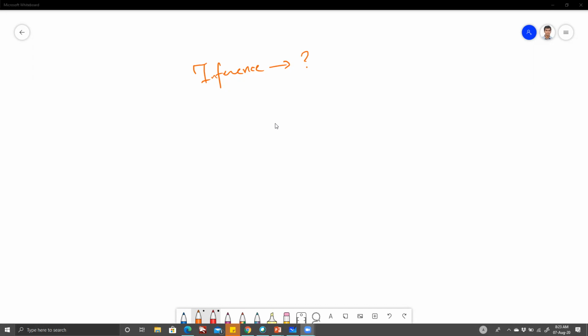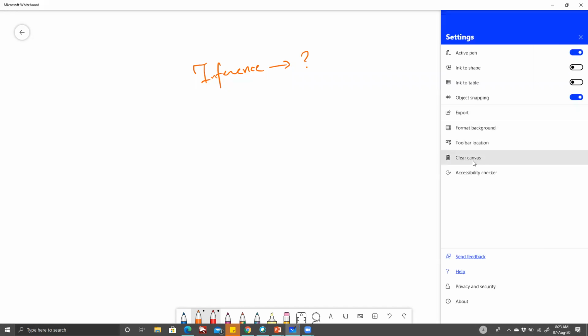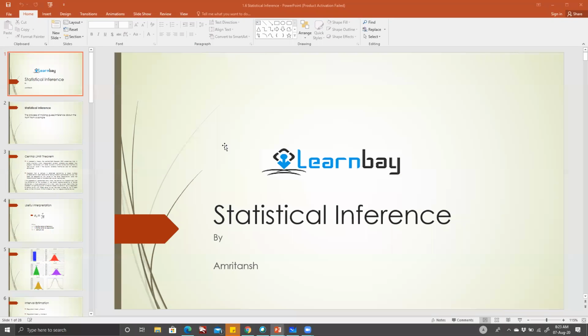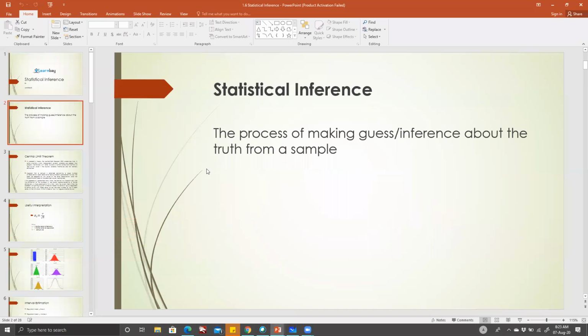Is this idea clear, like why we require inference at all? So basically, statistical inference is the process of making a guess or inference about the truth from a sample, not from the population, because then you are not really inferring anything.